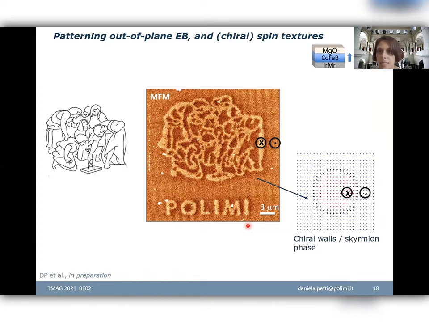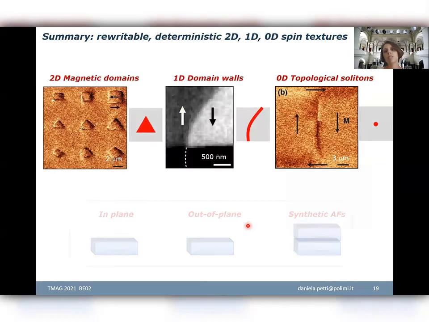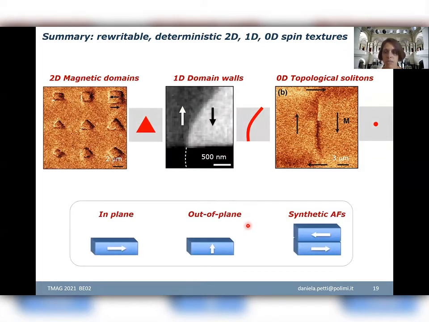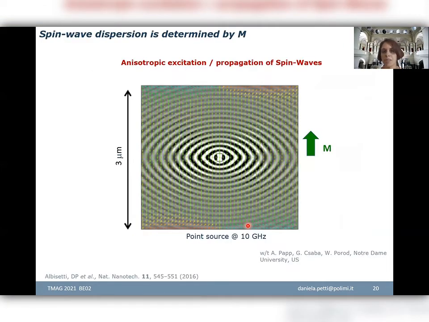And since this system displays DMI, the domain walls are chiral, so the idea is to stabilize skyrmion phases, skyrmion lattices, and maybe create some conduits for these skyrmions. So this is work still in progress. In summary, I showed you that different spin textures and different in-plane, out-of-plane, or subsystems can be patterned with this technique. And now we move to the application.